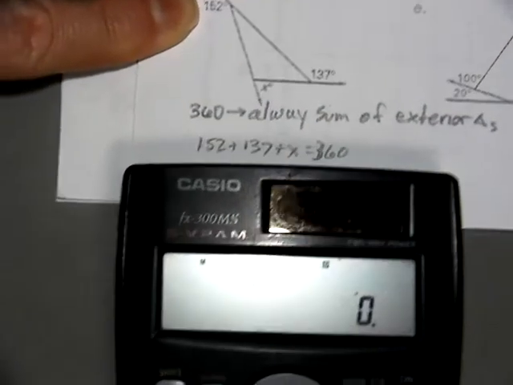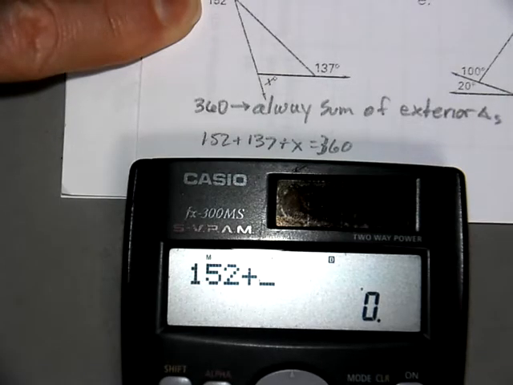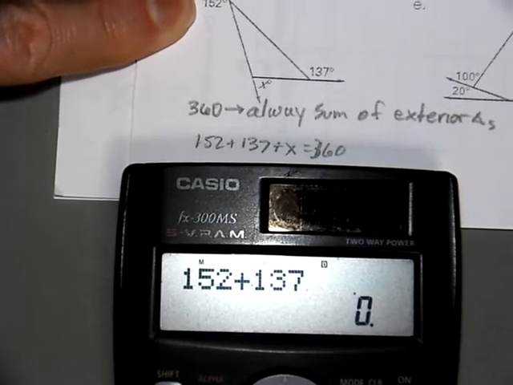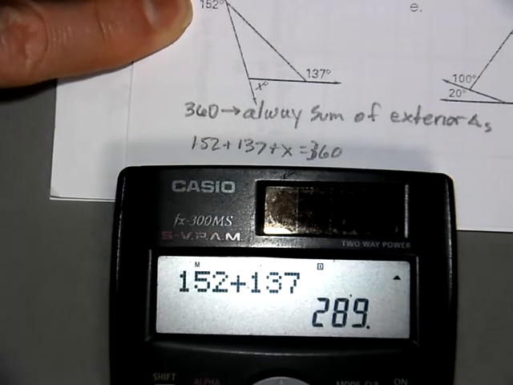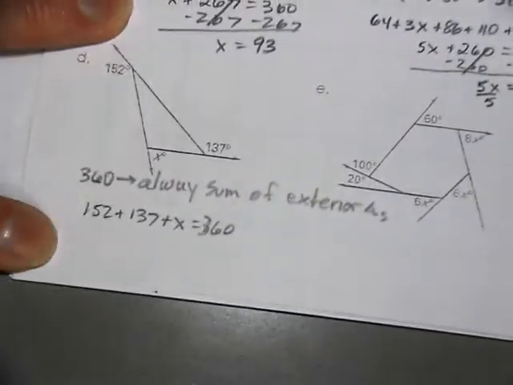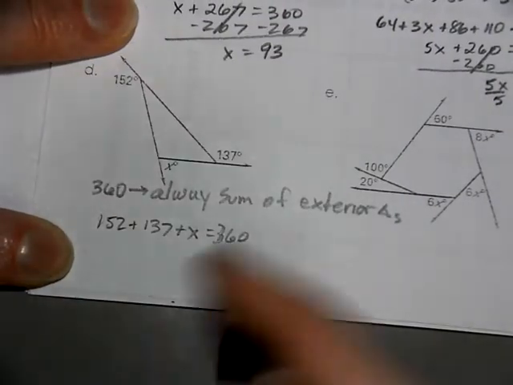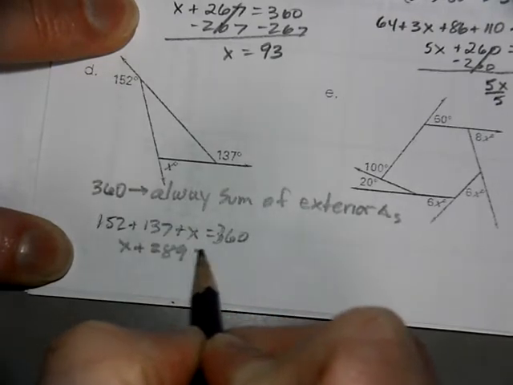And we'll bring in our calculator. We'll take a look at 152, 137, so we know that this adds up to 289.